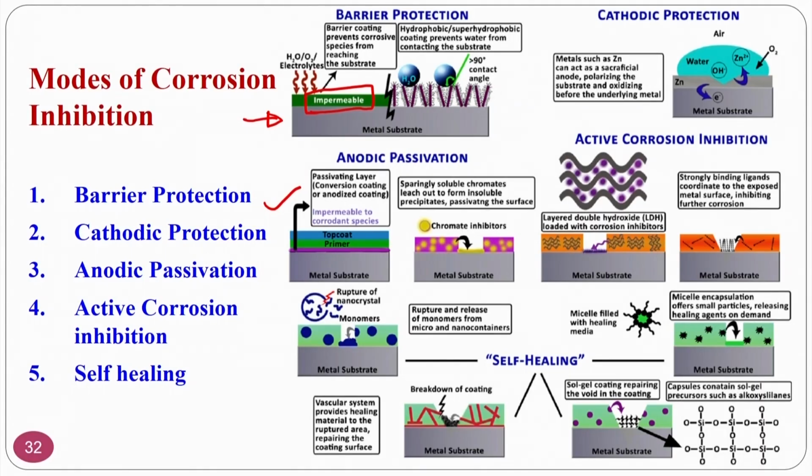The other way around is that a hydrophobic or super hydrophobic coating prevents water from contacting the surface. What will happen? Lotus leaf. If you see a lotus leaf, whenever the water droplet falls on it, it simply crawls and falls off from the leaf. That is called a hydrophobic or super hydrophobic surface.